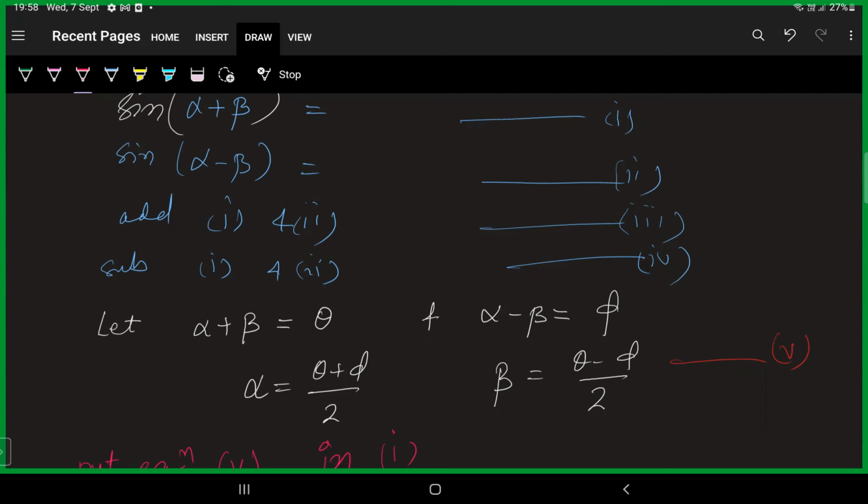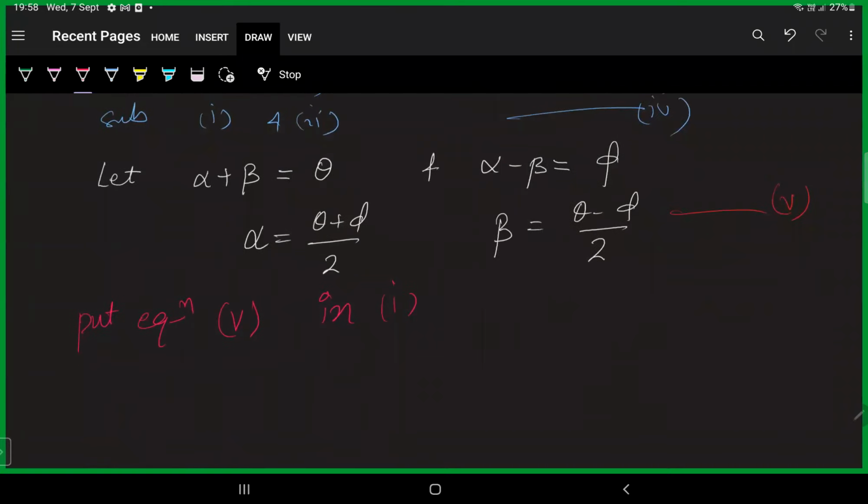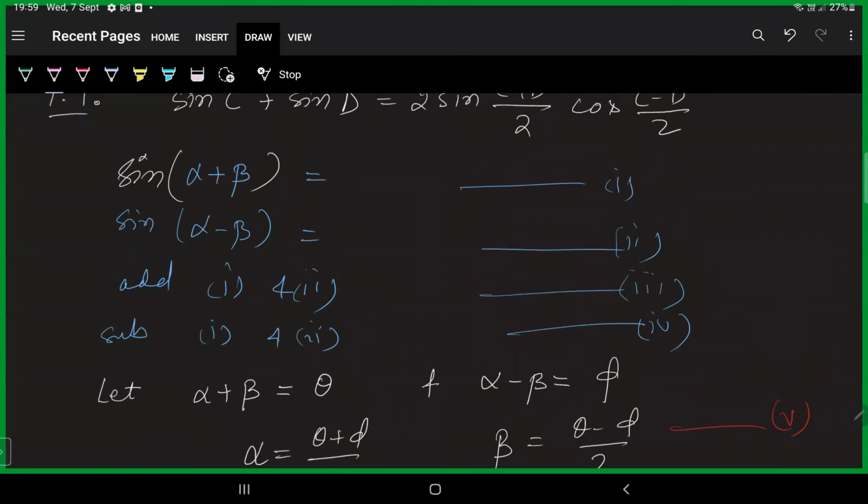Now substitute it. If you substitute 5 in 1, see, equation number 1 is sine alpha plus beta, right?